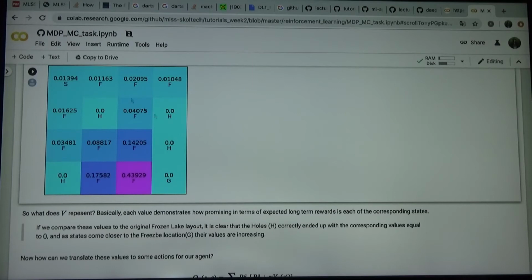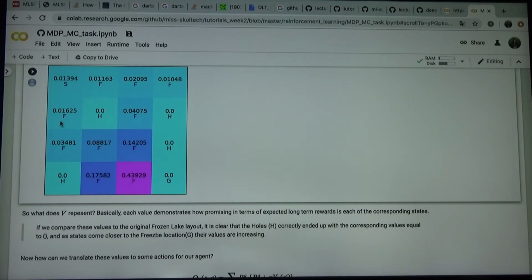But also what we can see is that our value function, the closer it gets to the goal, the bigger it becomes. Intuitively, the value function tells you how promising our state is in terms of delayed, long-term expected rewards. So of course, this state is very promising because you are one step before you hit the goal.